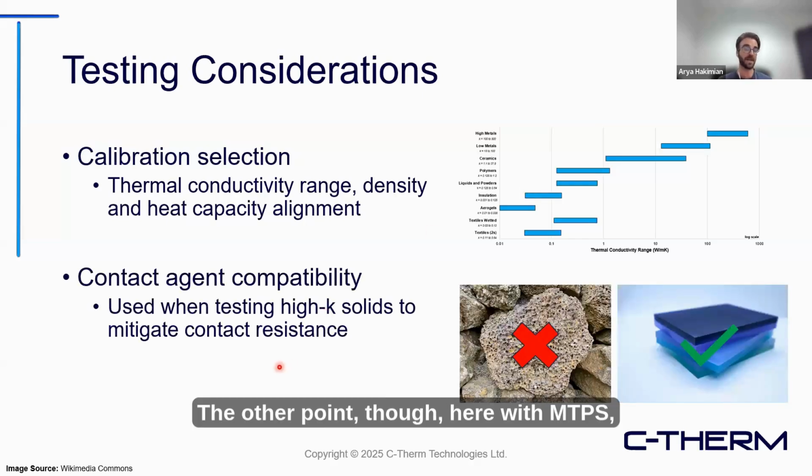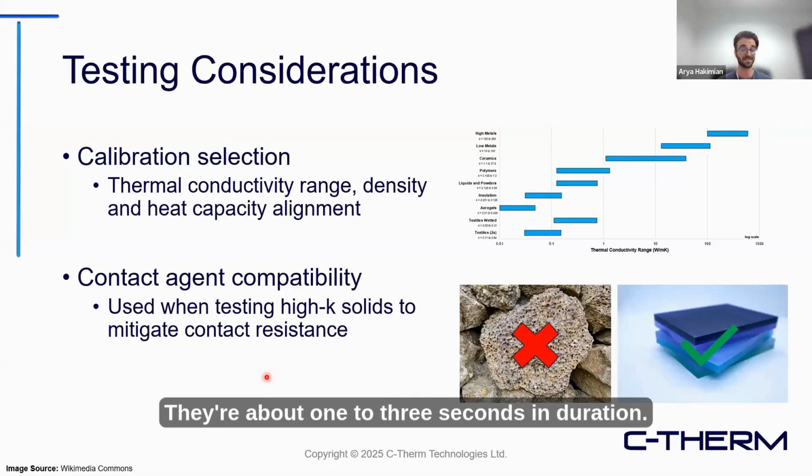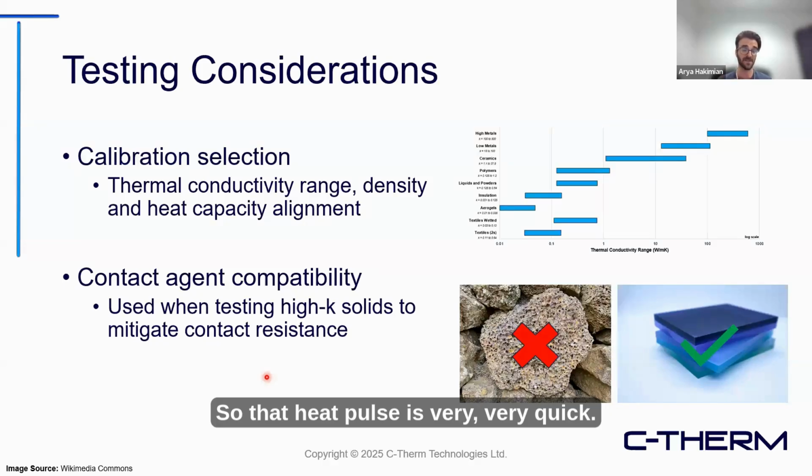The other point with MTPS is that the test times are very short. They're about 1 to 3 seconds in duration. So that heat pulse is very, very quick. And to allow for efficient heat transfer into the material, we use a contact agent.